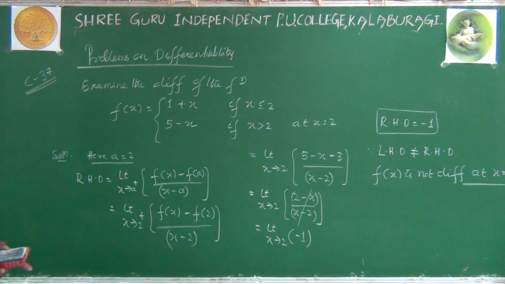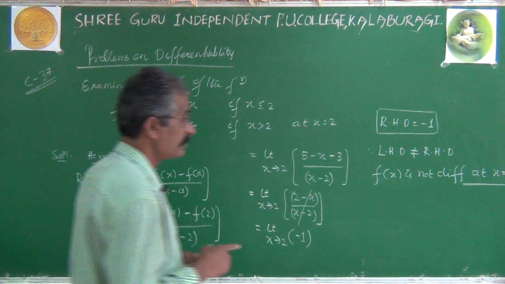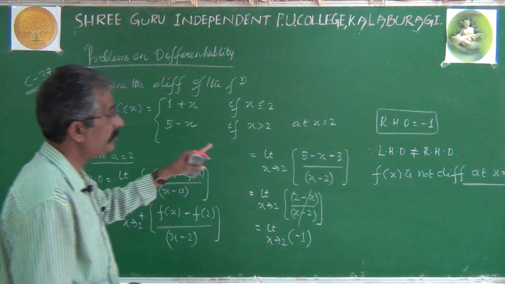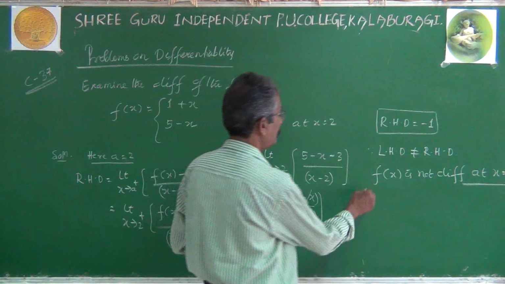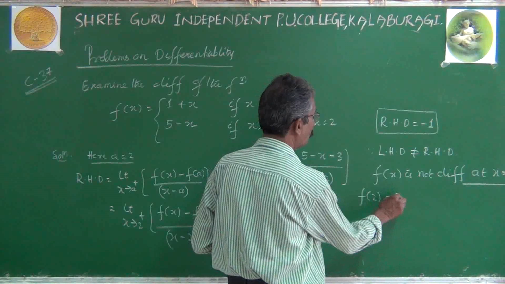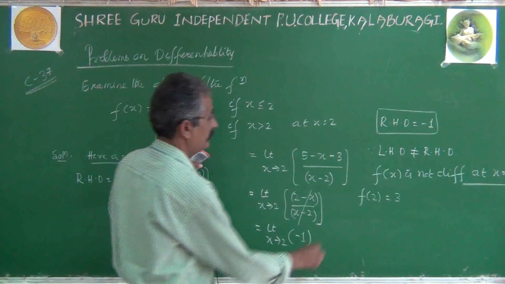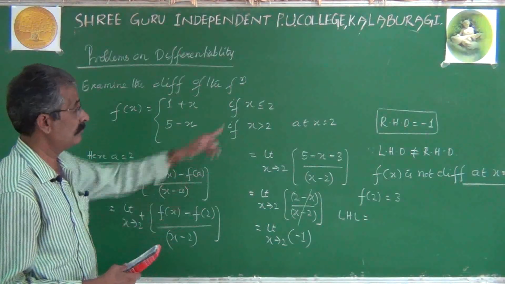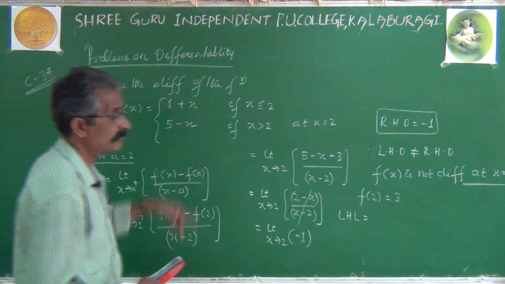Earlier, the theorem says that a function which is differentiable must be continuous, and conversely, a function which is continuous may or may not be differentiable. You can test this function's continuity orally. At x equal to 2, first f of 2 equals 3. Next LHL. For LHL, refer to x less than 2: 1 plus 2 becomes 3.